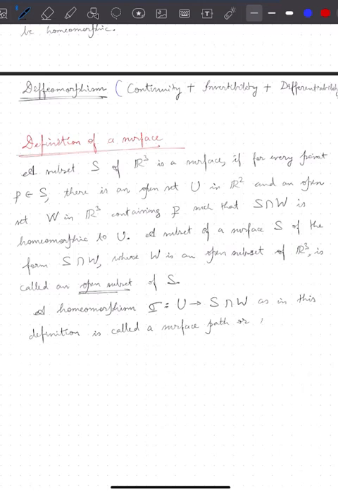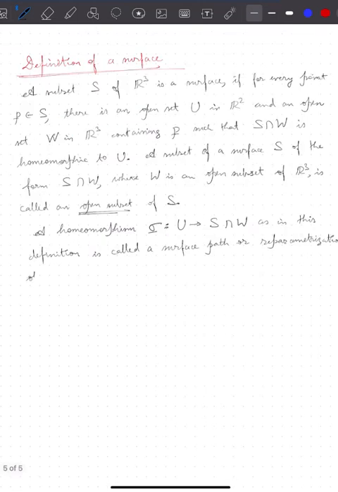or reparametrization of the open subset S intersection W of S. Right?